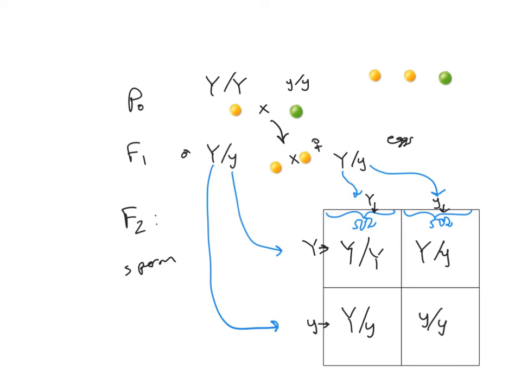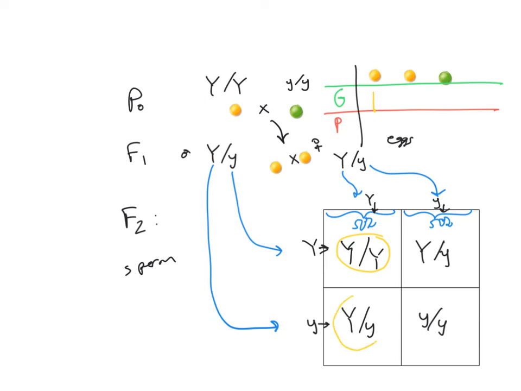Now, importantly, there are two different pieces of information we can get out of the prediction of the F2 genotypes. One is we can get an idea about the genotype ratio, which I'll indicate with a G, and the other is an indication of what we should expect of the phenotypes of the F2 generation, which I'll indicate with the P. Now, in the Punnett square, there are three different genotypes. There's homozygous capital Y, one of those, which produces yellow peas.